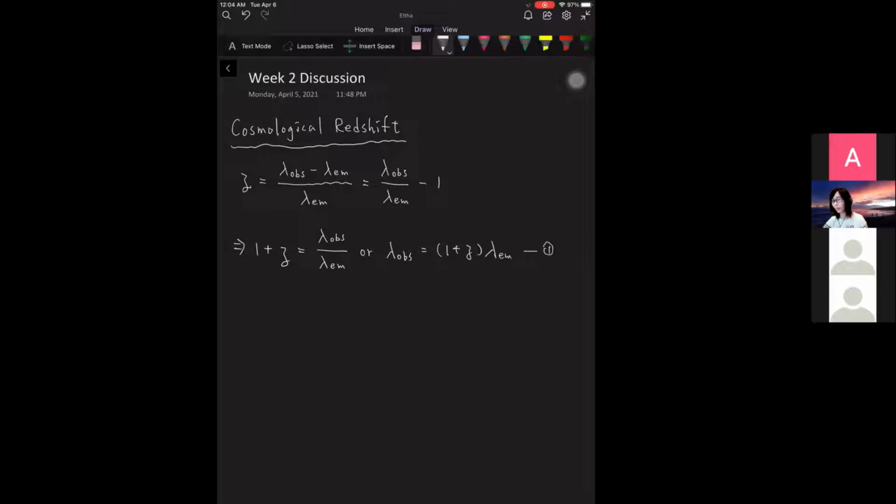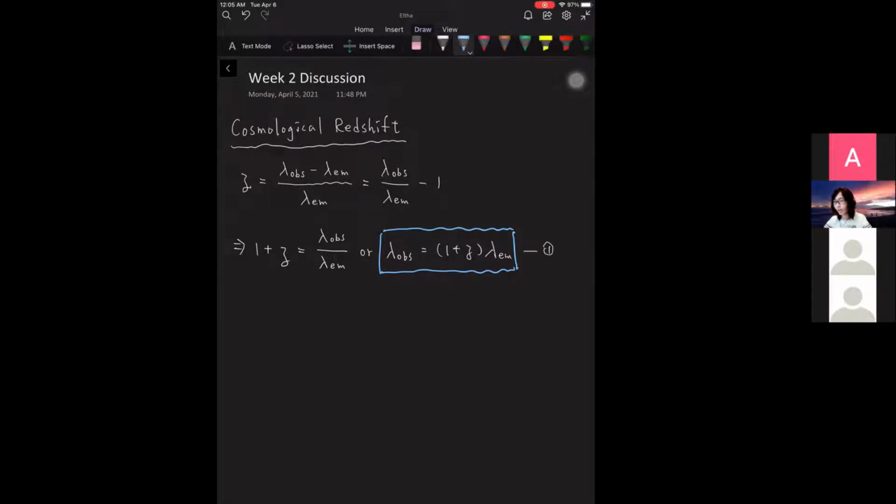From this equation, we can think about the expansion of the universe as the wavelength we observe being amplified by a factor of 1 plus z due to the expansion of the universe, right?